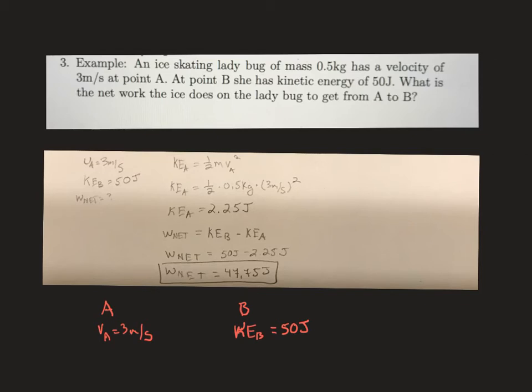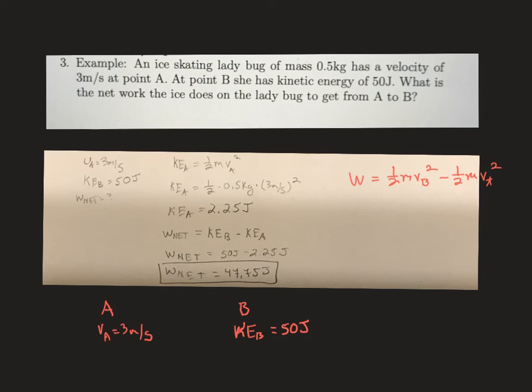So we either have to have the kinetic energies at point A and point B, or we have to have velocities at point A and point B. So I chose to find the kinetic energy at point A using the velocity at point A. However, you could have chosen to use the kinetic energy at point B in order to find the velocity at point B, and then you could have used the full version of the work energy theorem in order to establish what the work done is. Either method will get you the same answer.